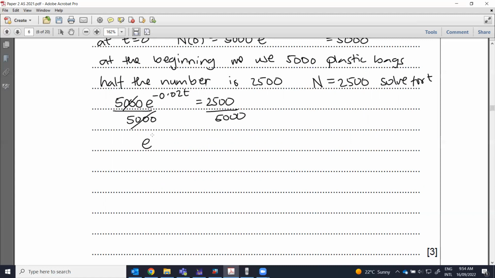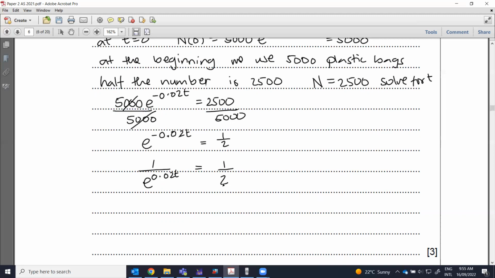We have e to the power of negative 0.02t. This is equal to a half. Now we know that when we have negative exponents, we can always write this as a positive exponent. So I have 1 over e to the power of 0.02t. This is equal to a half.